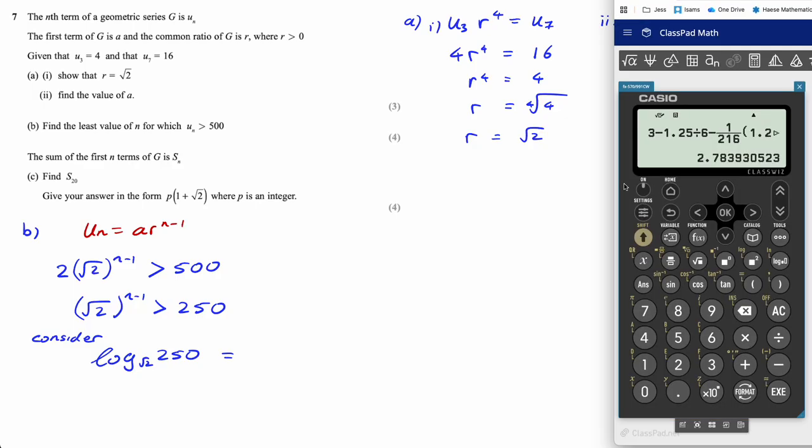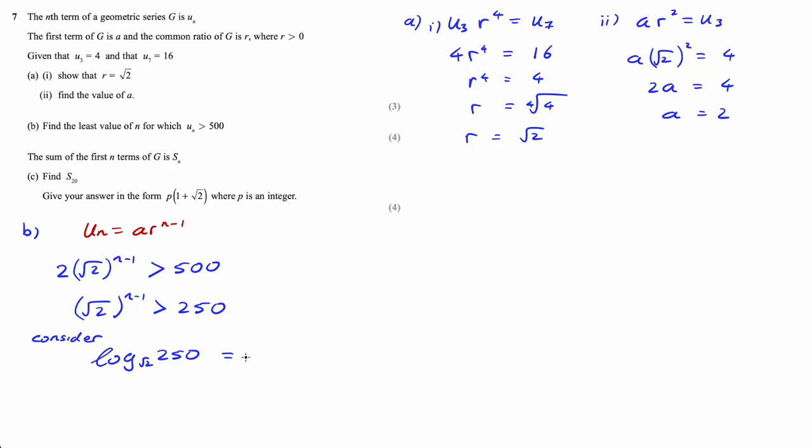Okay, so I'll do log. Let me go with log, guys. Okay, this is log, I want root 2, and I want 250, and this is equal to 15.93. 15.93.